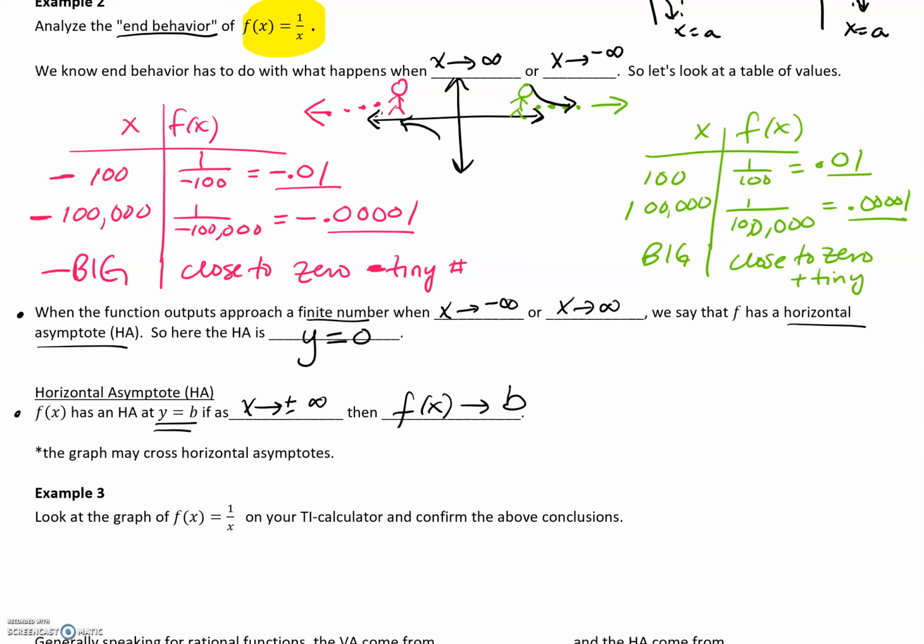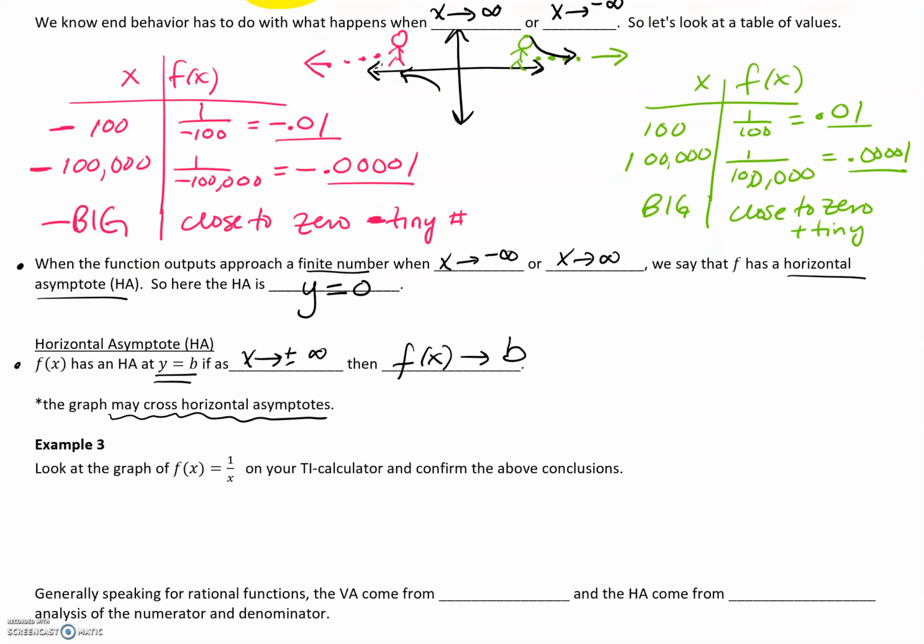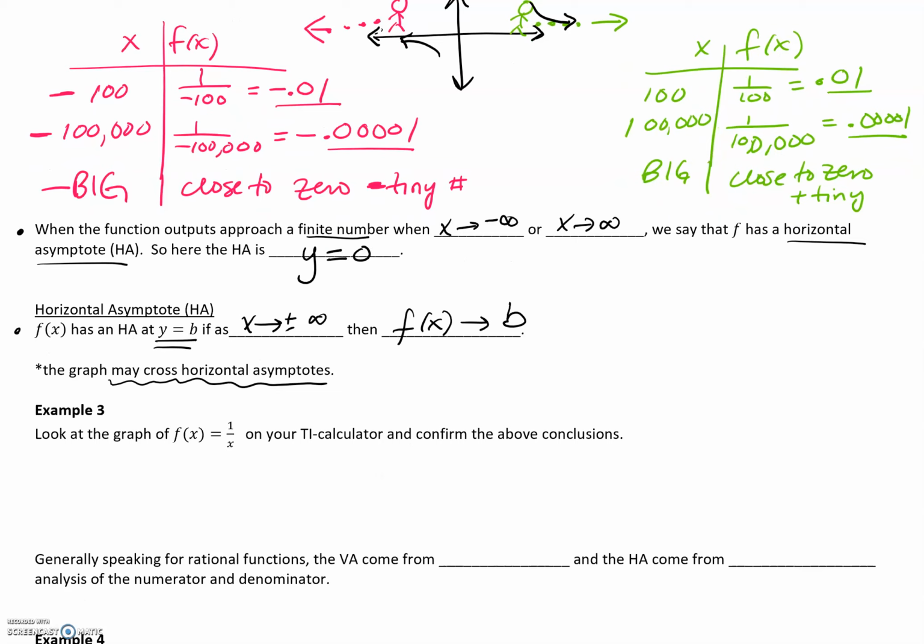And we've got to keep in mind horizontal asymptotes may be crossed by your graph, whereas vertical asymptotes never get crossed. Now, based on what we've talked about, we're going to go look at the TI calculator to see if our analysis makes sense for this graph. Remember, we concluded that there's a VA at x equals 0, and that there's a horizontal asymptote at y equals 0.